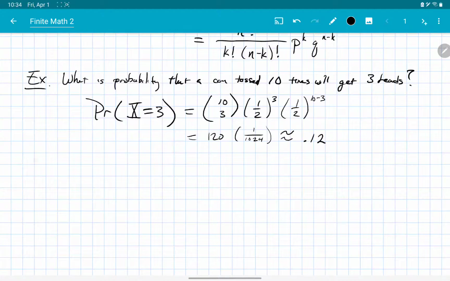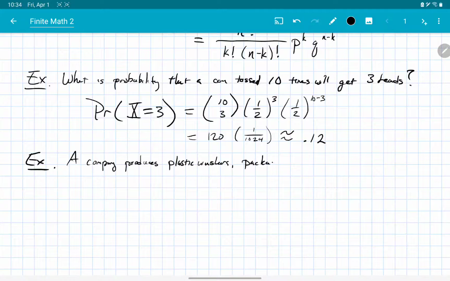Okay, so here's another example. We'll do a few more examples with our time today. So a company produces plastic washers packaged in boxes of 300.